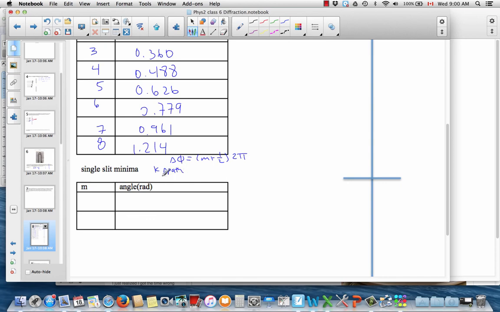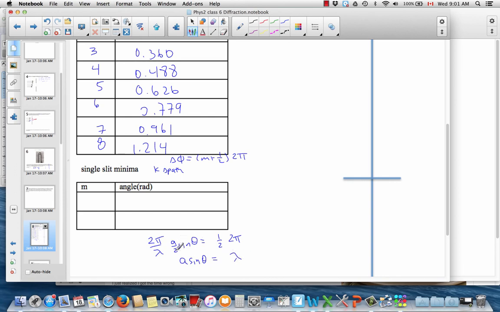In our argument, we divided the slit in half, so the delta path was a over 2 sine theta. And then for the first one, we let m equal 0, and we said that was half times 2 pi. Then cross-multiplying and canceling everything out, we got a sine theta was lambda.